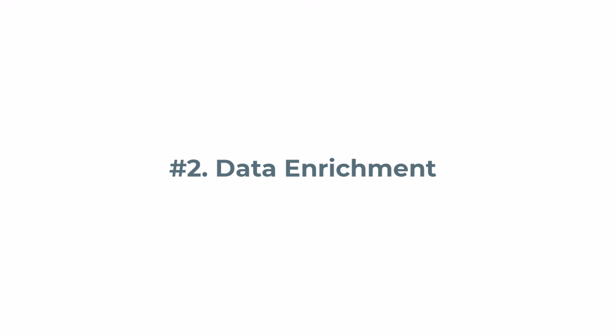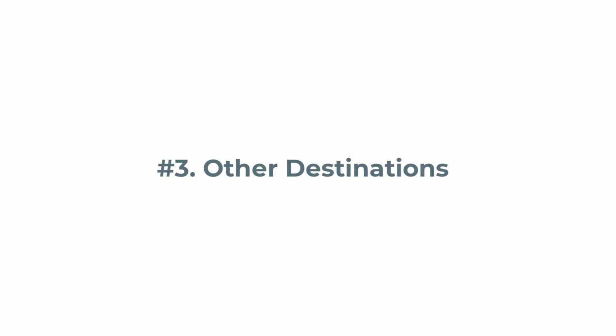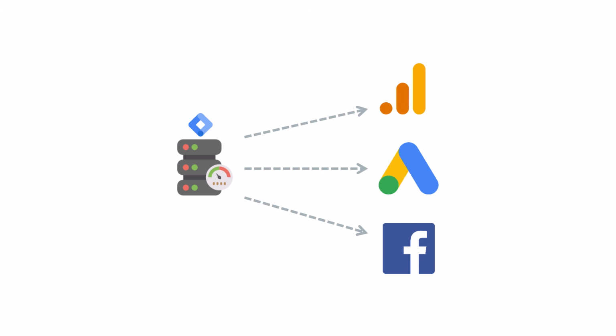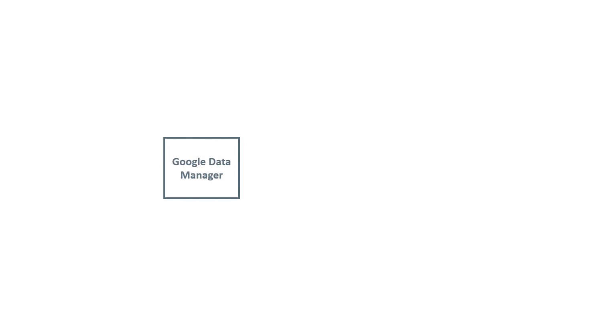Second, data enrichment. This is the big one. In server-side Google Tag Manager, you can take the event and add data to it. Your profit margin, user data pulled from the backend, whatever makes the signal more valuable. Data Manager is not built to do that kind of custom logic. Third, other destinations. Server-side Google Tag Manager sends data to a lot of places. Data Manager sends data just to Google.